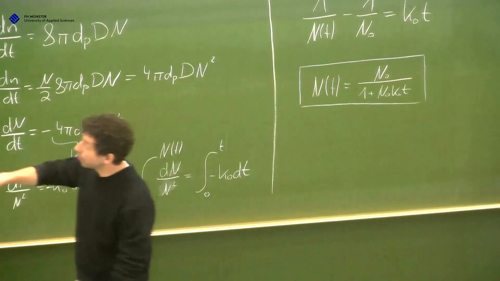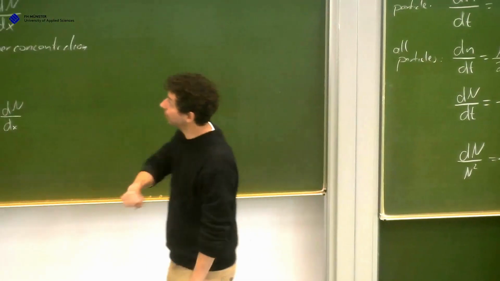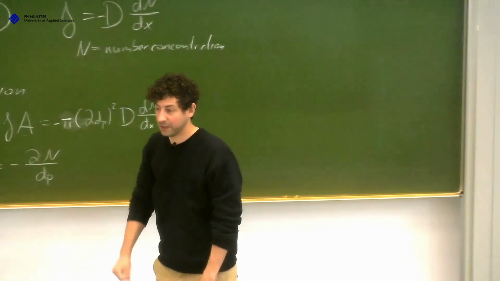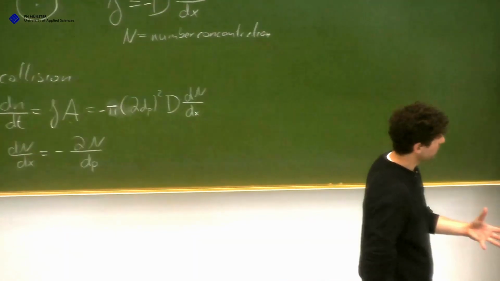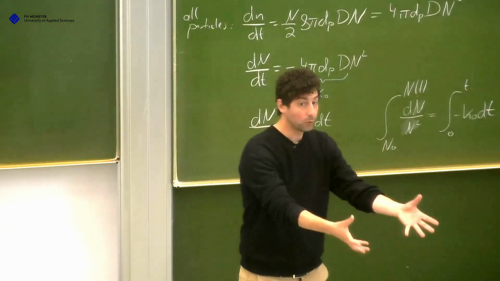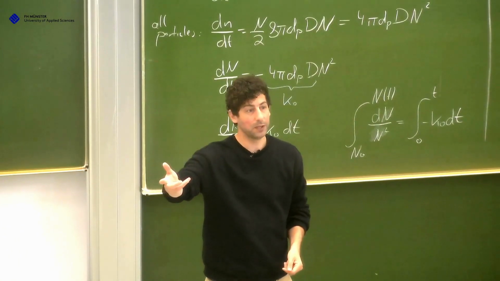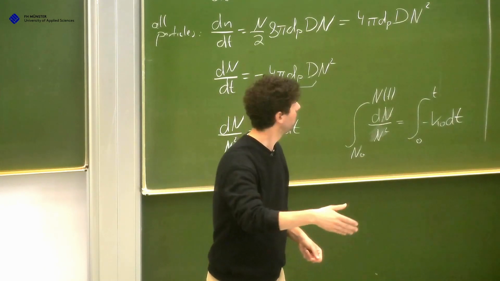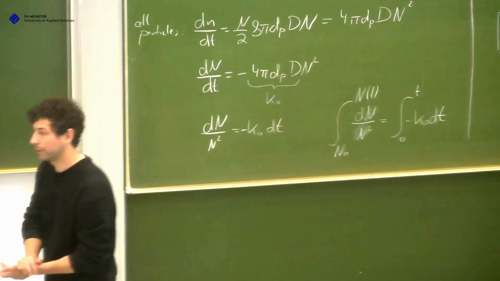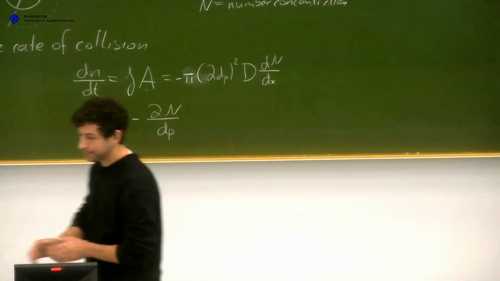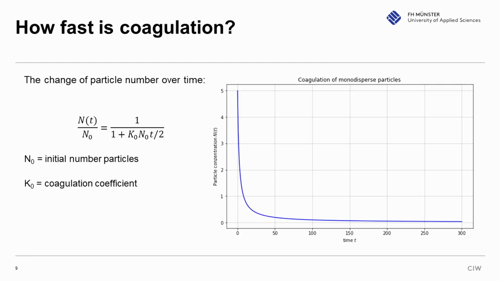This is the most simple case, for monodisperse spheres. We can put them in a room, and if they coagulate, we can tell if we start with 1 million, after which time we get which amount of particles. So it's in the slides, right? This is the equation: initial number of particles, coagulation coefficient, and here you see how it behaves.